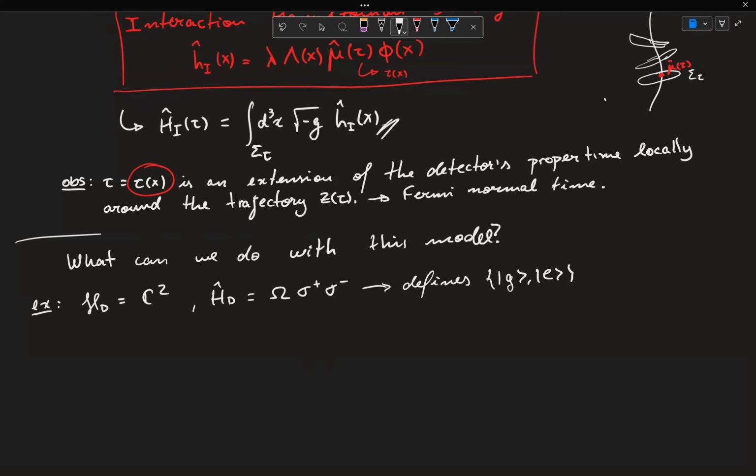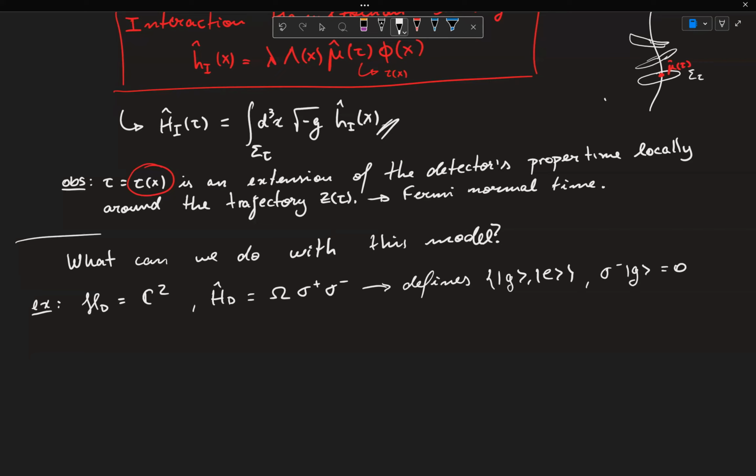The idea here is that sigma minus kills the ground state, sigma plus maps the ground state into the excited state, and sigma plus is the sigma minus dagger. In a matrix representation, it depends on the ordering of the bases. You can compute these things, but we're not going to be using the matrices. It doesn't really matter.